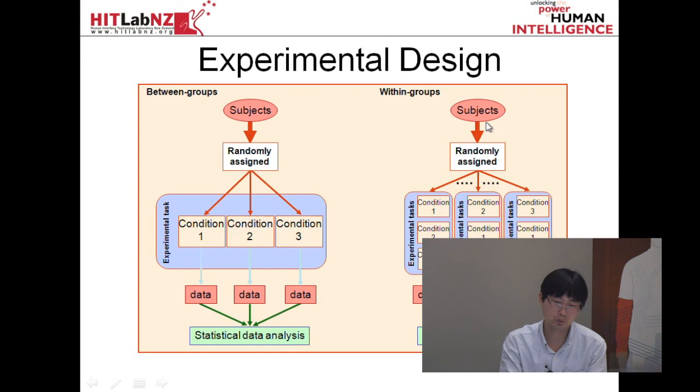And you randomly assign the subjects to the different orders. Sometimes you can be tempted to think that a participant might perform well when they try condition 2 first and then 1 and 3, so you assign that person to that order. That's not the way to do it. It's always important to randomly assign them to do a true experiment correctly.